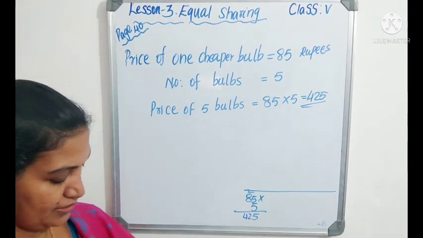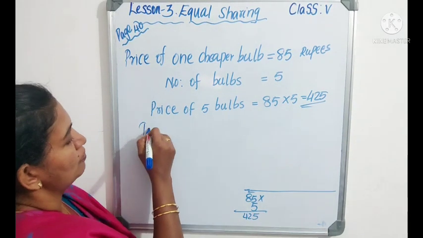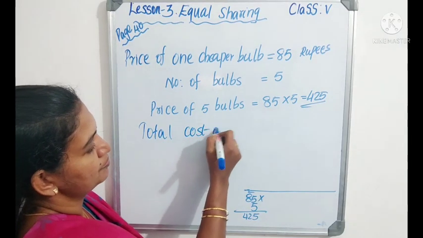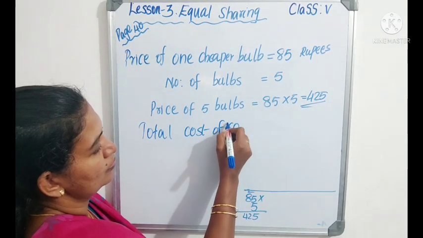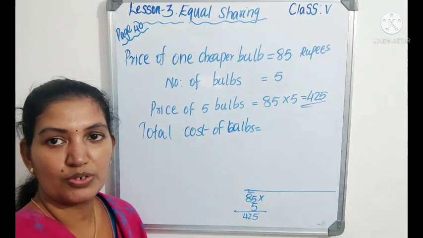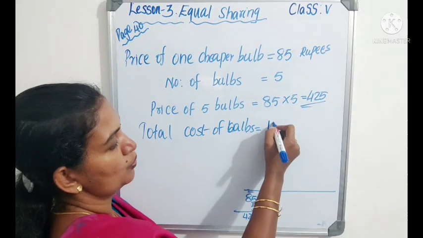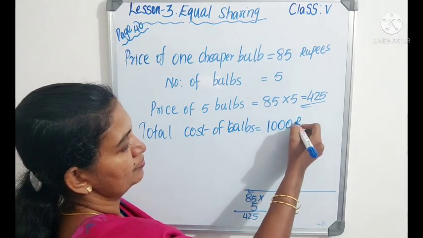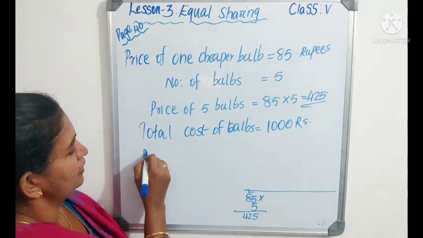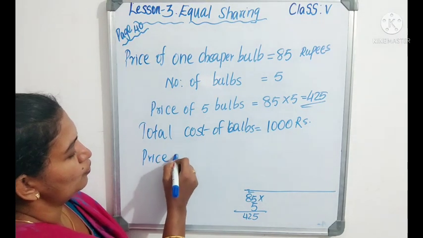Okay. Next, total cost of bulbs. It is given that the total cost of bulbs is 1000 rupees. Okay. Next, price of.